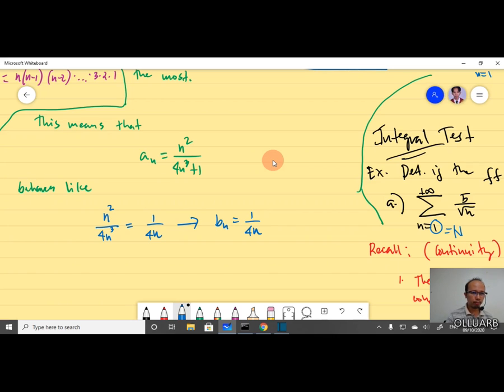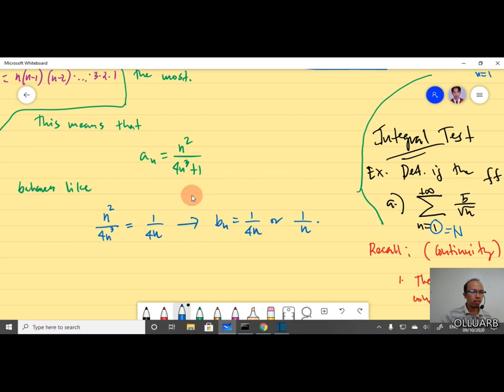But you can use b sub n to be 1 over n, the simplified one, which does not include the constant 1/4. But it's okay if you use 1 over 4n, the same result. So that's our b sub n.